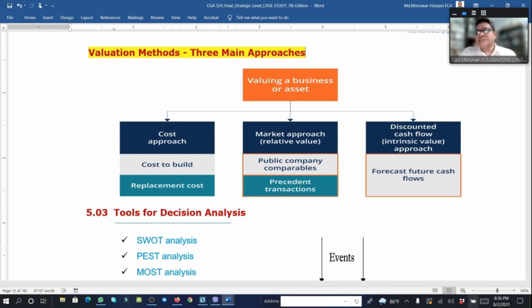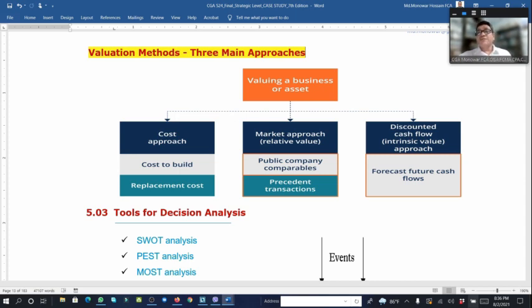But for one which is not listed, what you have to do? There are different types of items in our valuation. IFRS 13 was implemented for the valuation of items. So based on public company comparables and precedent transactions, the market approach can be a valuation method we can use.